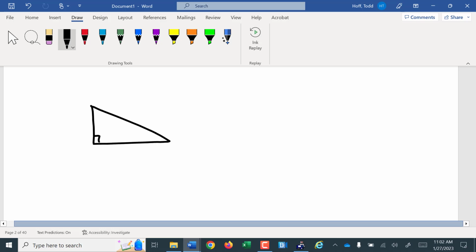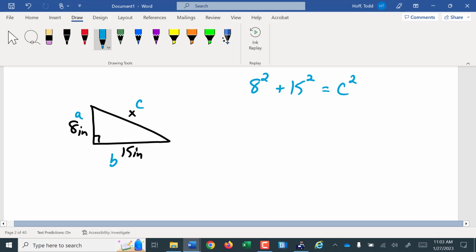So we're going to start where we know the two legs, and we might know that this is 8 inches and this is 15 inches, and we're asked to find the hypotenuse. So again, it doesn't matter which leg I call A and which one I call B. I'll call the hypotenuse C. So this would be 8 squared plus 15 squared equals that side C squared or X squared.